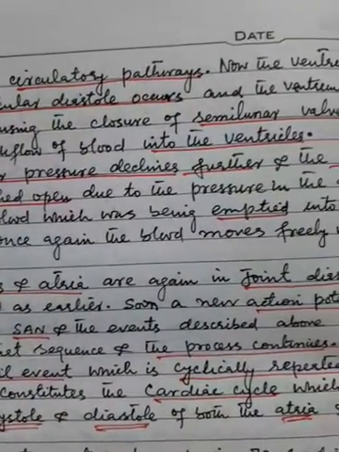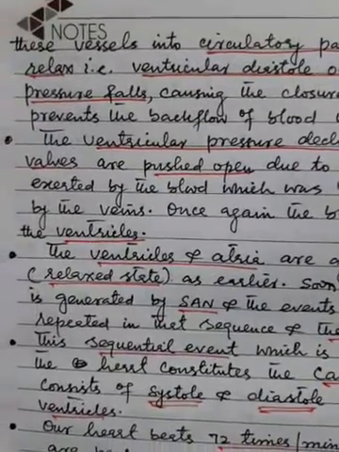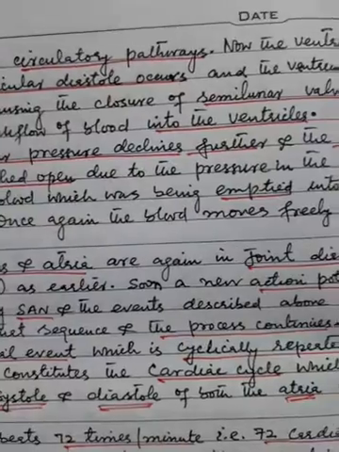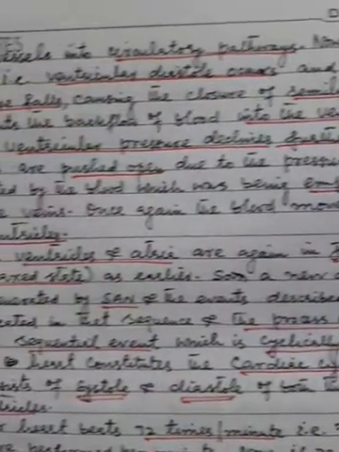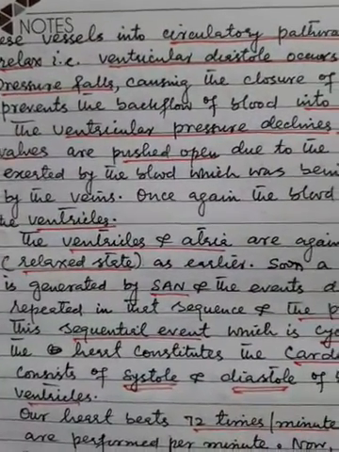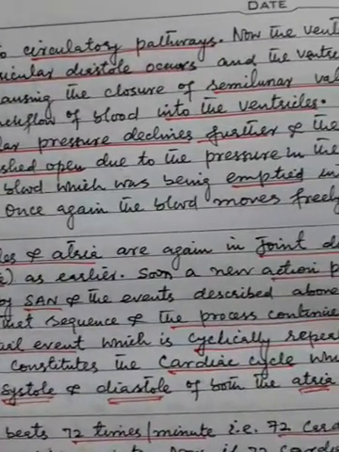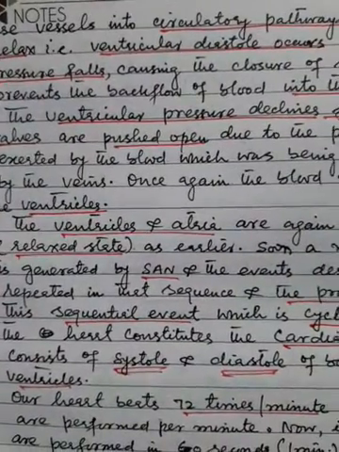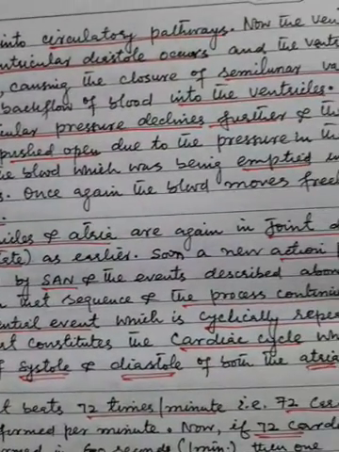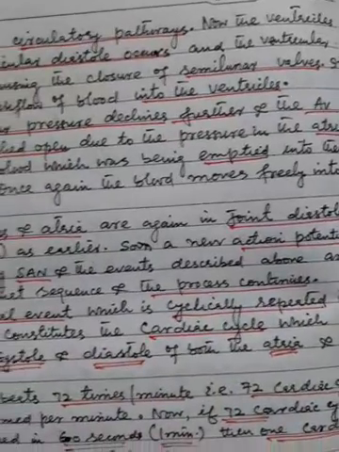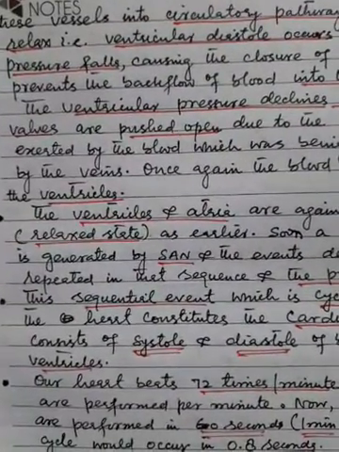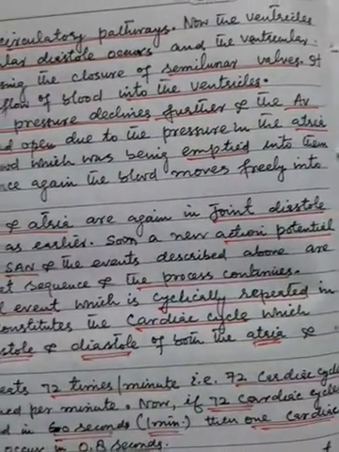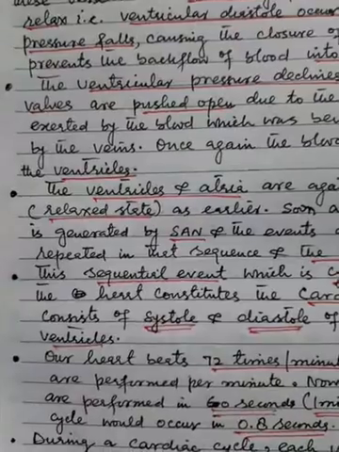into the ventricles. The ventricular pressure declines further and the AV valves are pushed open due to the pressure in the atria exerted by the blood which was being emptied into them by the veins. Once again, the blood moves freely into the ventricles.